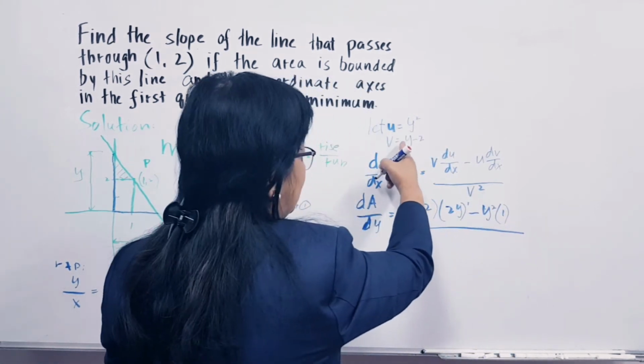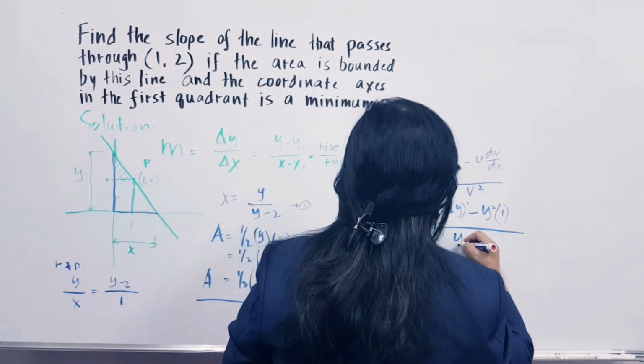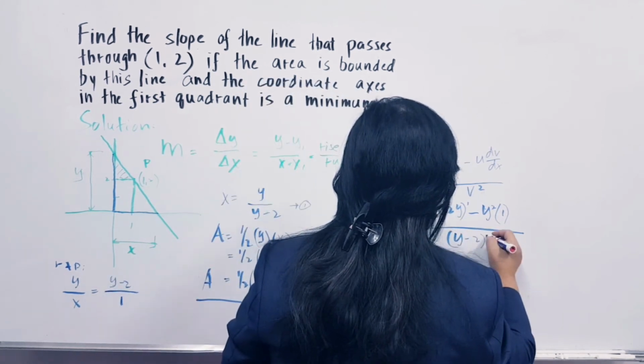V squared is equal to y minus 2 squared.